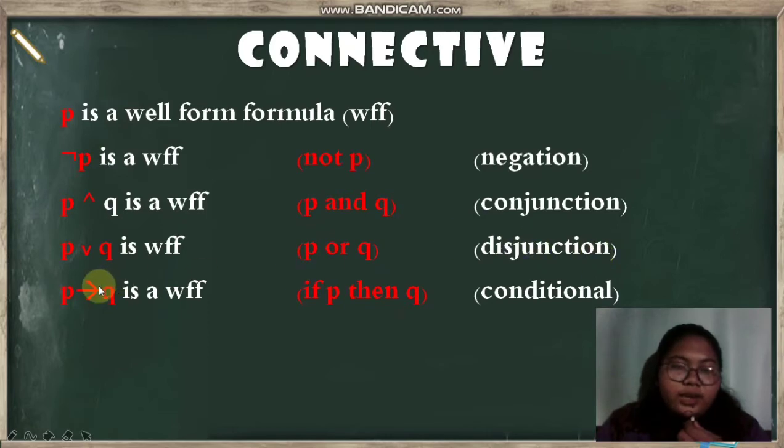The last one is P arrow Q, which can be read as if P then Q. It's called a conditional. So all of these are connectives between propositional statements.